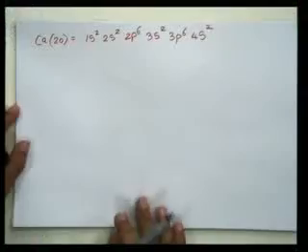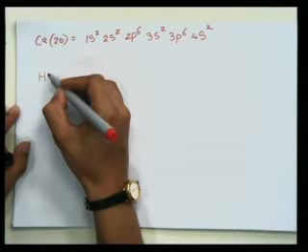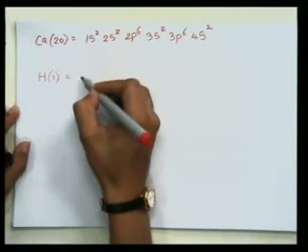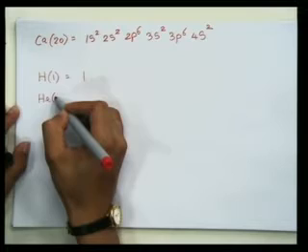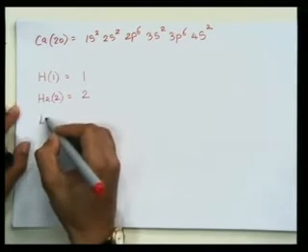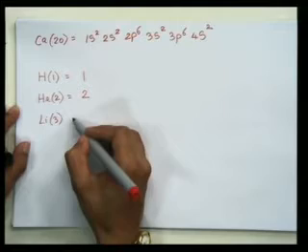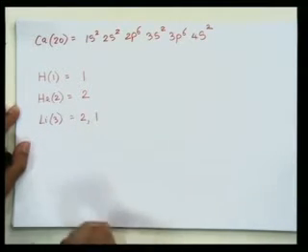Now coming to the next topic, that is we can write the configuration in numbers as well. So how to write it in numbers, we will start off with the first element, hydrogen having atomic number 1, so we will write it as 1. Then helium having atomic number 2, we will write it as 2. Then lithium having atomic number 3, we will write it as 2, 1.